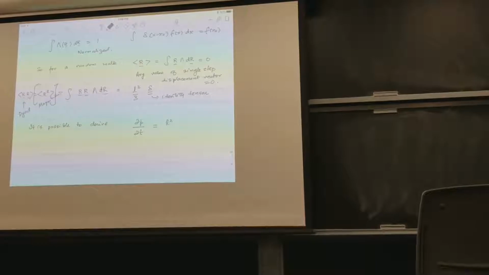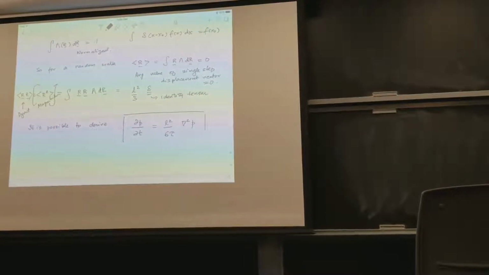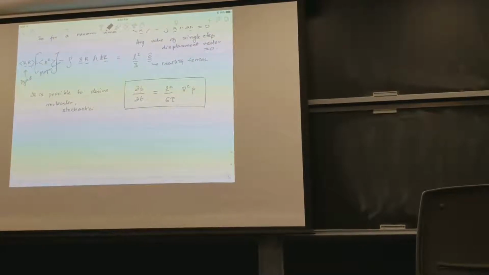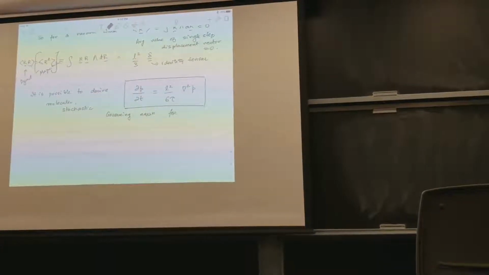So now we have an equation for the probability of finding a particle some distance away, and this equation is from a molecular perspective, and it involves randomness, so it's a stochastic equation. So this stochastic equation is the governing equation for determining probability density.